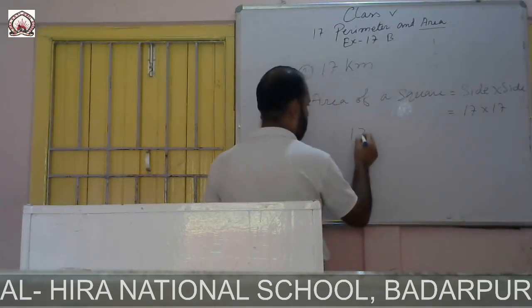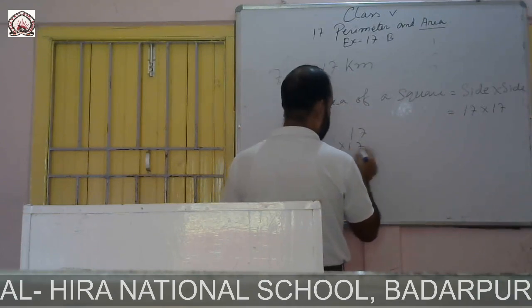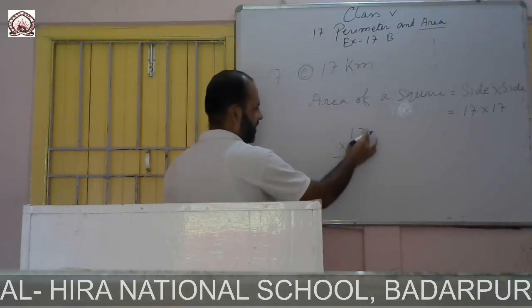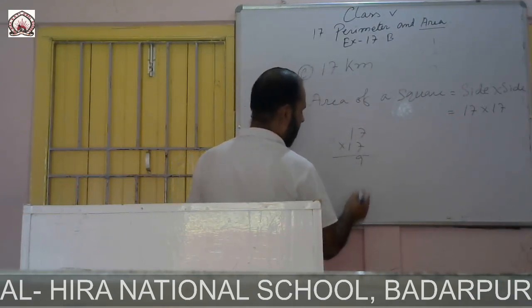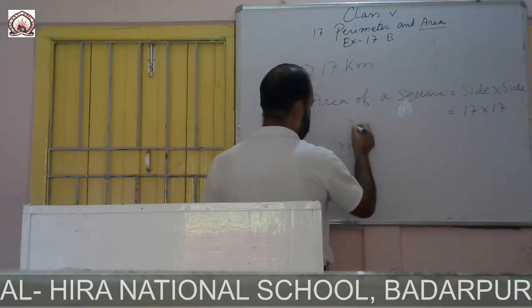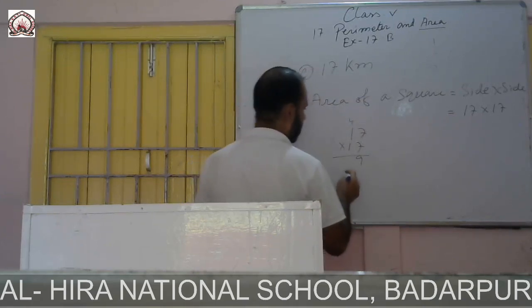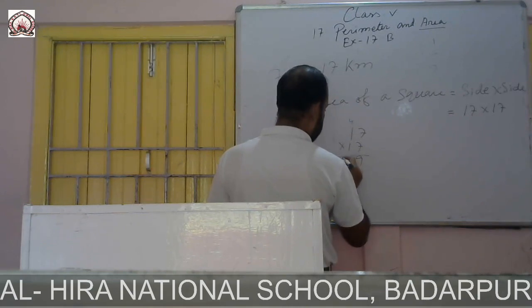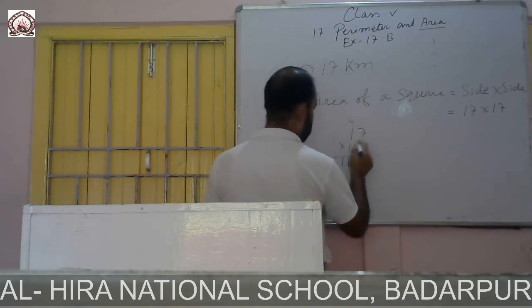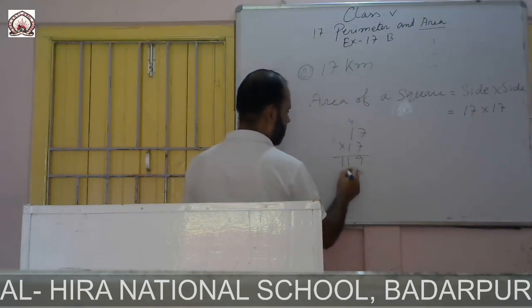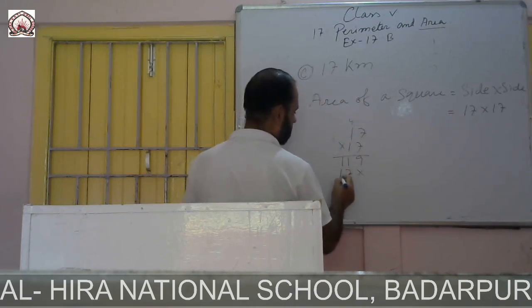We multiply: 7 times 7 is 49, 9 and 4 in my hand, 7 times 1 is 7 plus 4 is 11. Then 7 times 1 is 7, 1 times 1 is 1.